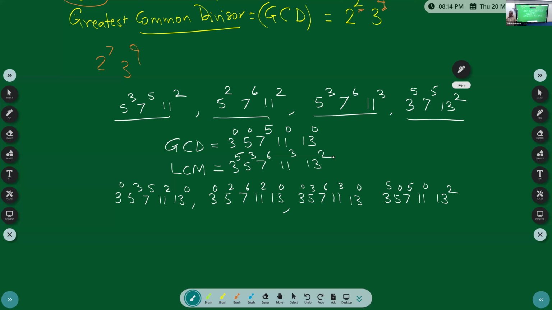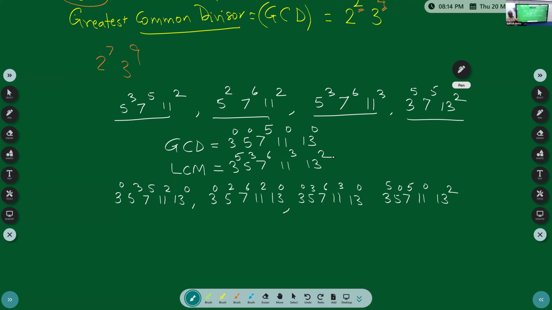Now I will just give you, we will not solve, but what can be a difficult question which can be asked on this? I give you one number and I give you GCD and ask you to find out all possible values of the second number. I have taught you how to find GCD and LCM.